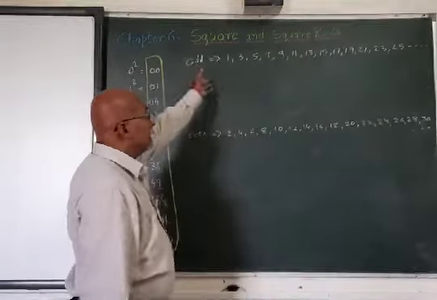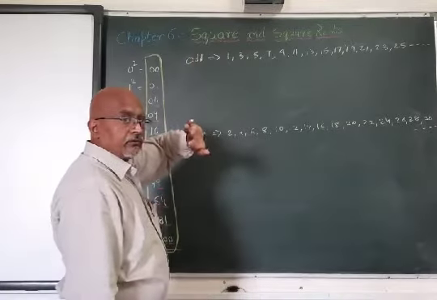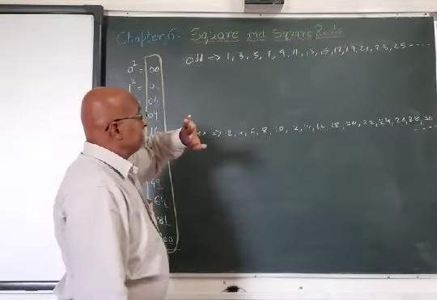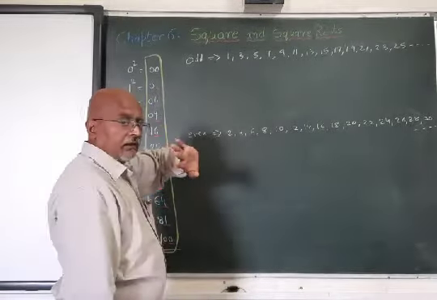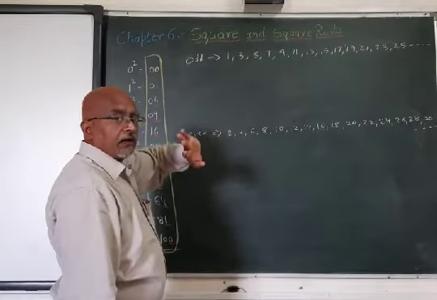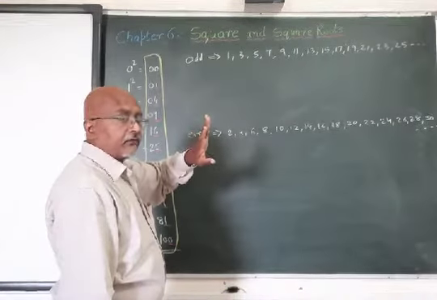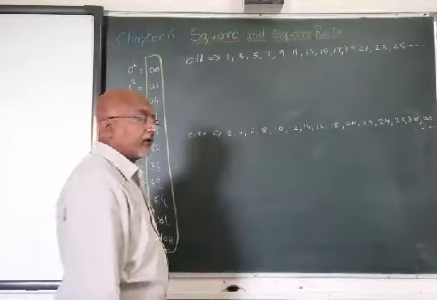Now, if I take any two consecutive odd or even numbers and take the product of that, now see how the relation is developed.